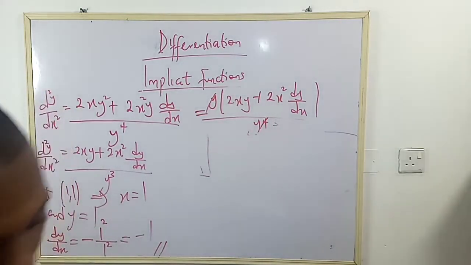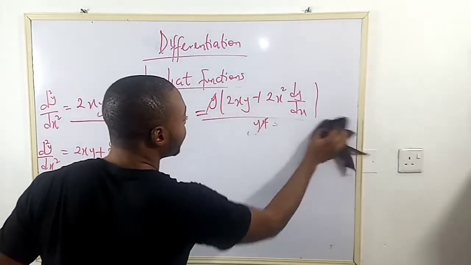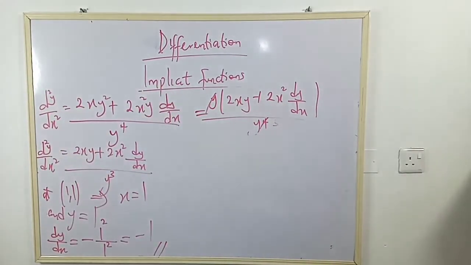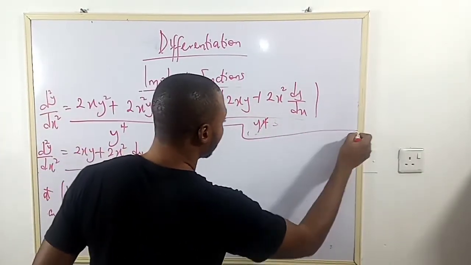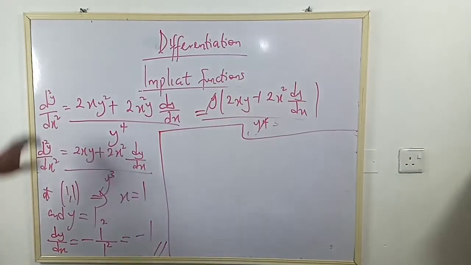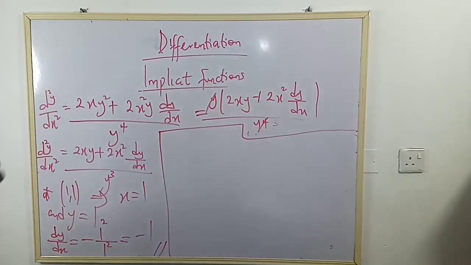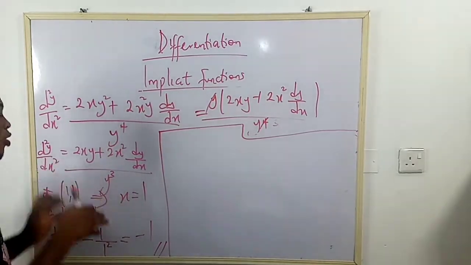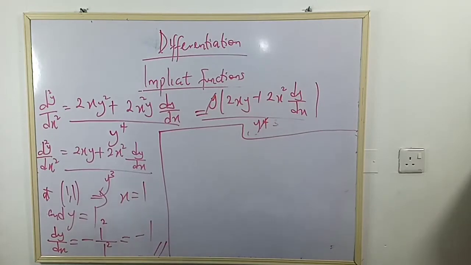Now, what will be d²y/dx² at point (1, 1)? From what we have here, this is d²y/dx². At point (1, 1), x is equal to 1, y also is equal to 1, and at that point dy/dx is equal to minus 1. So we plug all those values into this equation, right?